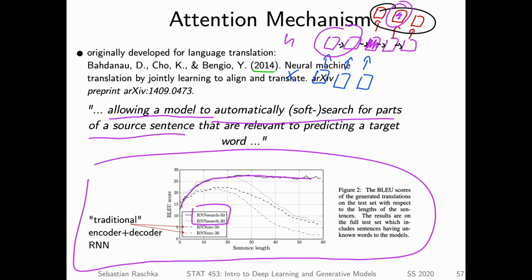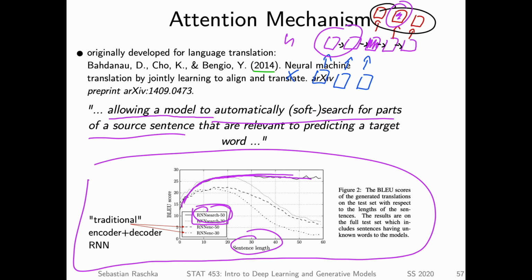It only degrades if the sentence length here is longer than what the RNN was trained on. The RNN has 30 units, so this is what the 30 here stands for. Looking only at the 50 version here, which is the RNN with 50 hidden activations and a sequence length of 50, we can see that the performance does not decline if we add the attention mechanism.